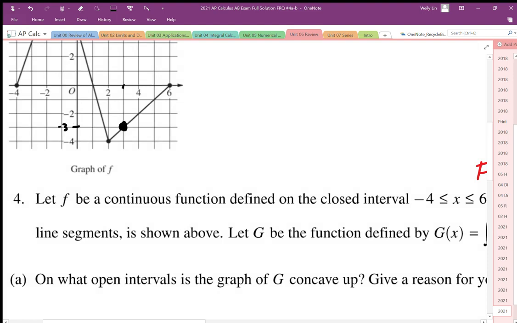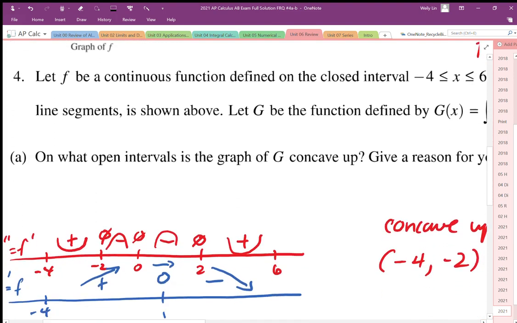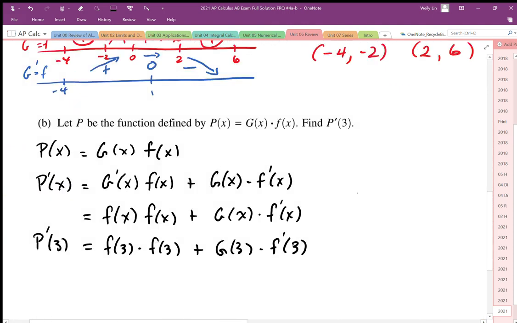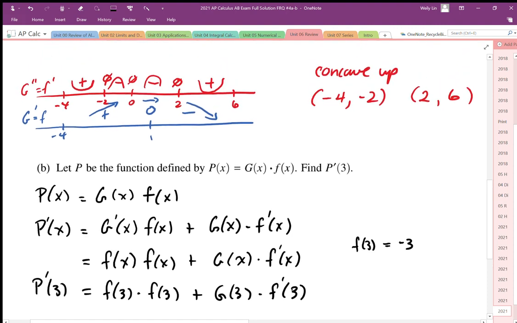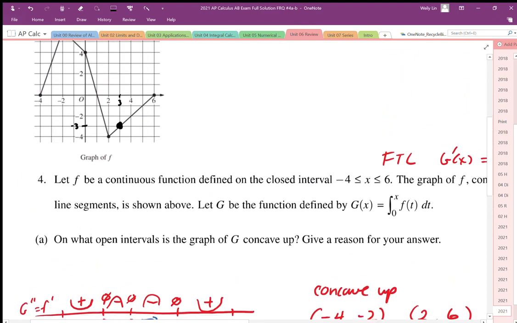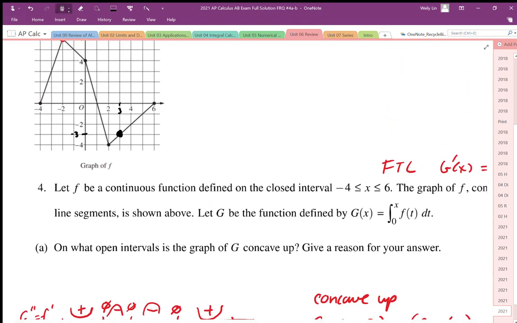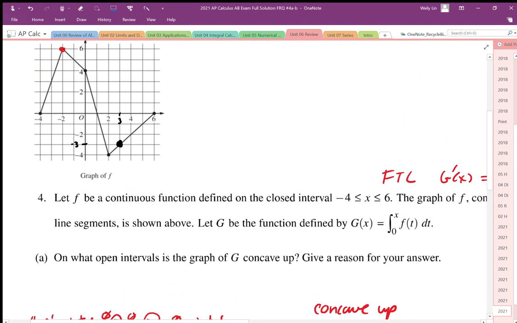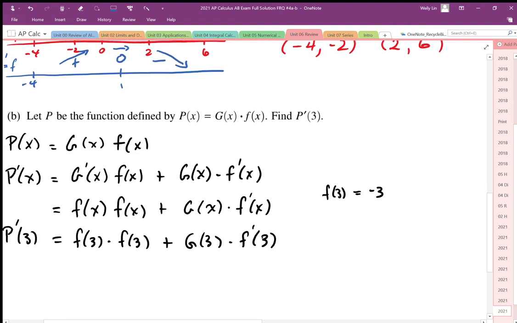At x equals 3, f equals negative 3. So f of 3 is equal to negative 3. I want to know the f prime value at 3. The f prime value at 3 is going to be the slope through that point. If I take a look at that slope, it's got a slope of 1. So f prime at 3 is equal to positive 1.